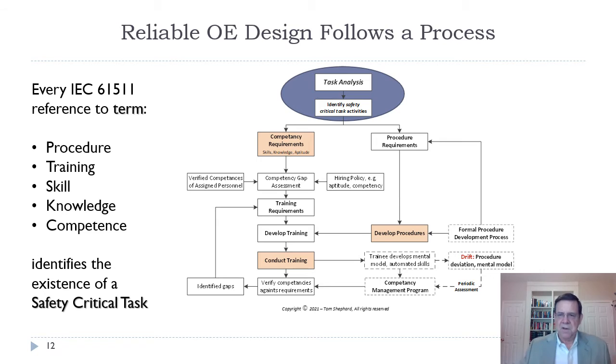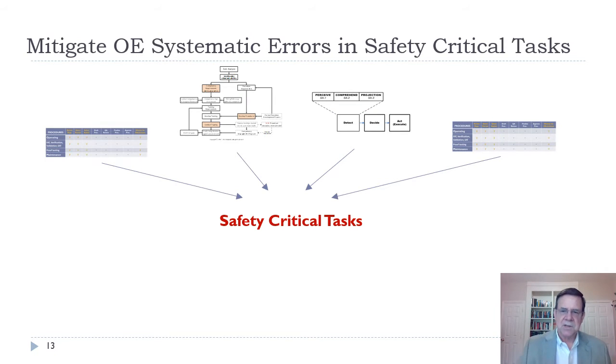So there is a flow down, and they're all rooted in a task analysis as the requirements basis for their development. Think about what would happen if I developed a safety system and never wrote a design basis. You're going to have all kinds of errors all through the system. The same is true if I don't do something equivalent to a task analysis. So all these are elements, attributes and components in a safety critical task.